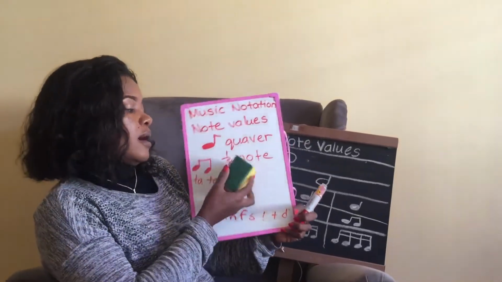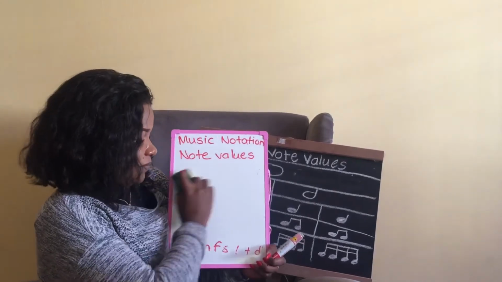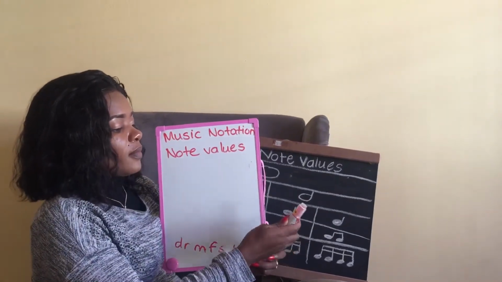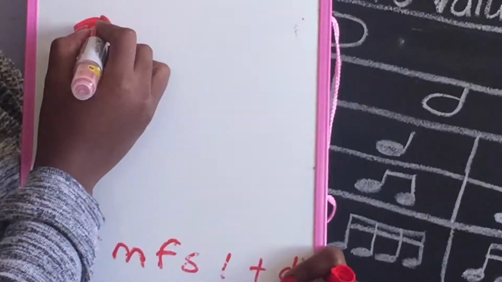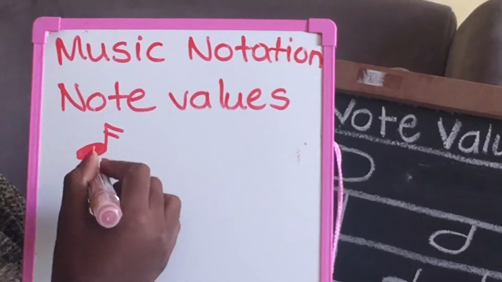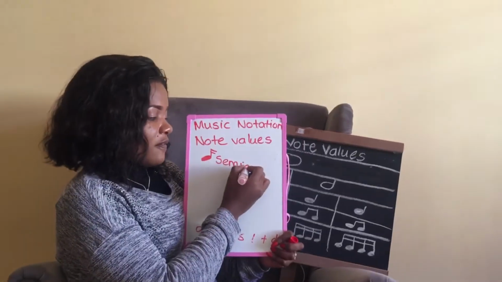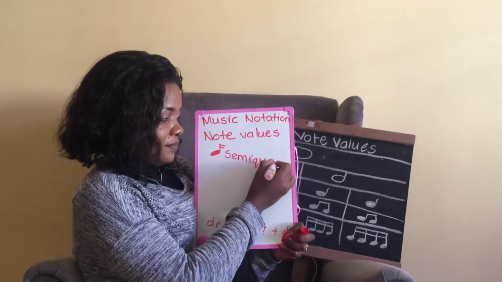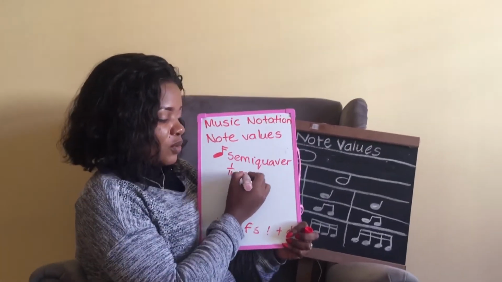Now we're going on to our next note. These are also running notes. It has a head, a stem, and 2 loops like that. This one is called a semiquaver, or a 16th note.